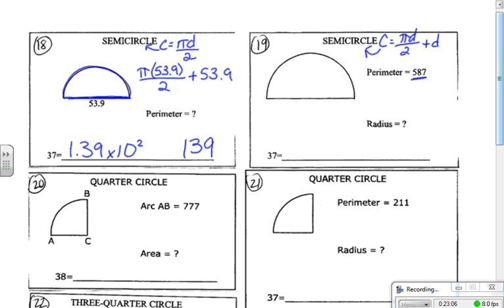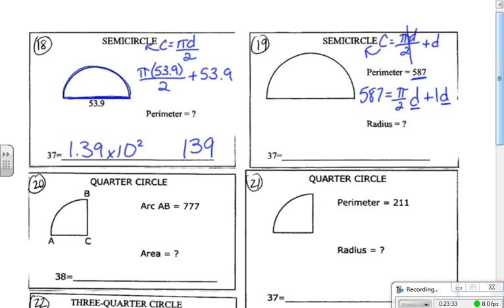So if we look at this algebraically, our perimeter all the way around is 587. That's equal to pi over 2 times our diameter. You can go ahead and separate your pi over 2 like that. And you're adding to that 1 diameter, correct? Now, you can factor out our variable that's common in both of these.